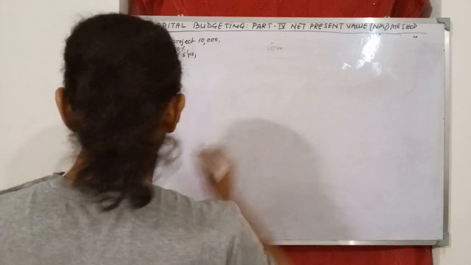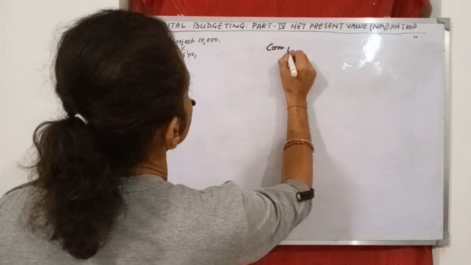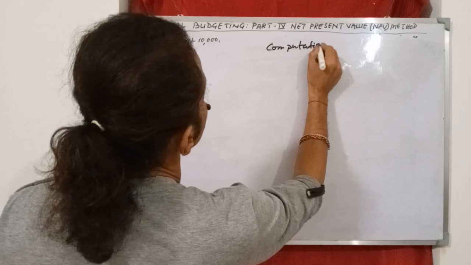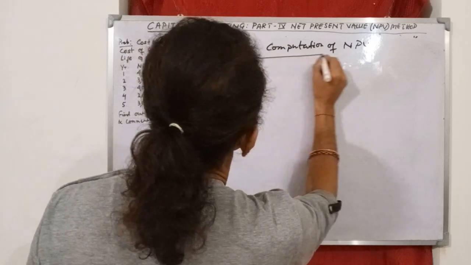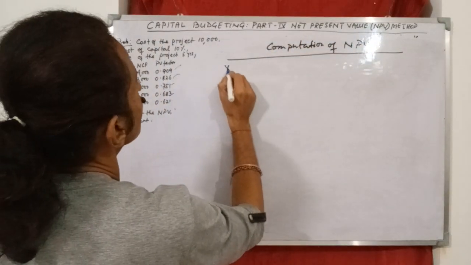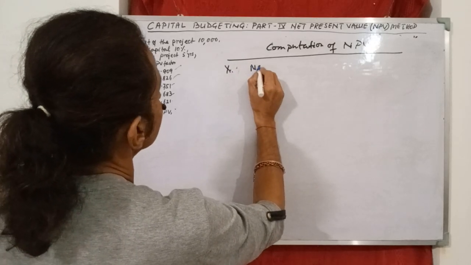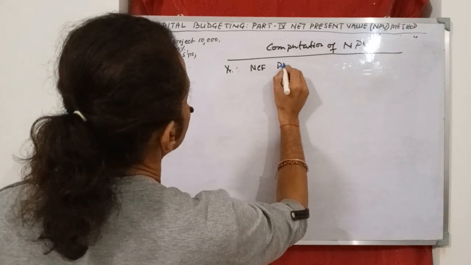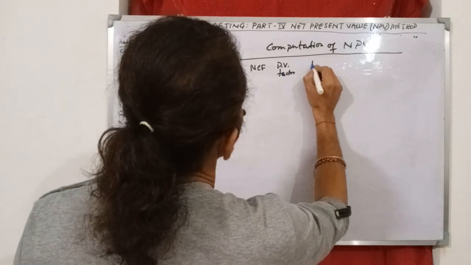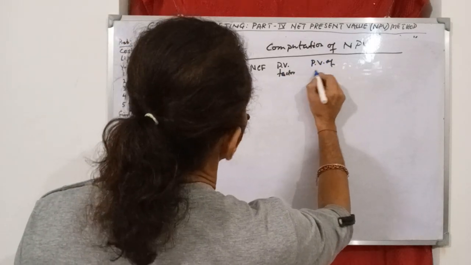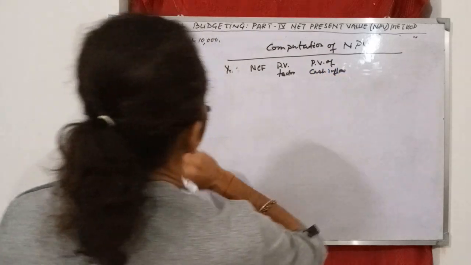Computation of NPV. Year 1, here this is net cash flow, this is PV factor, and here this is PV value, present value, PV of cash inflow.